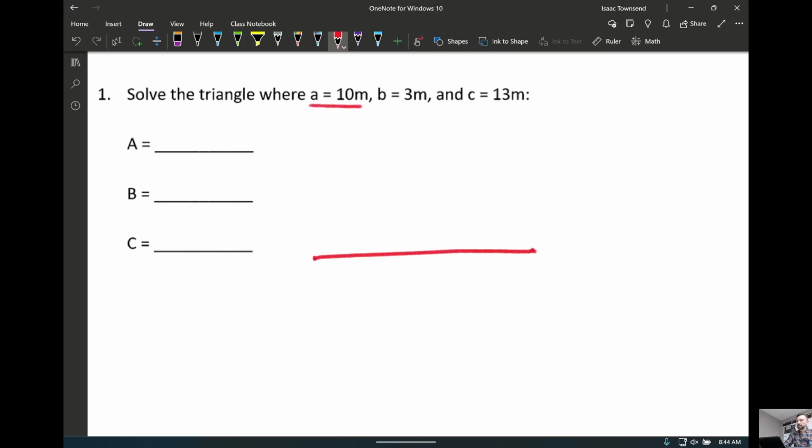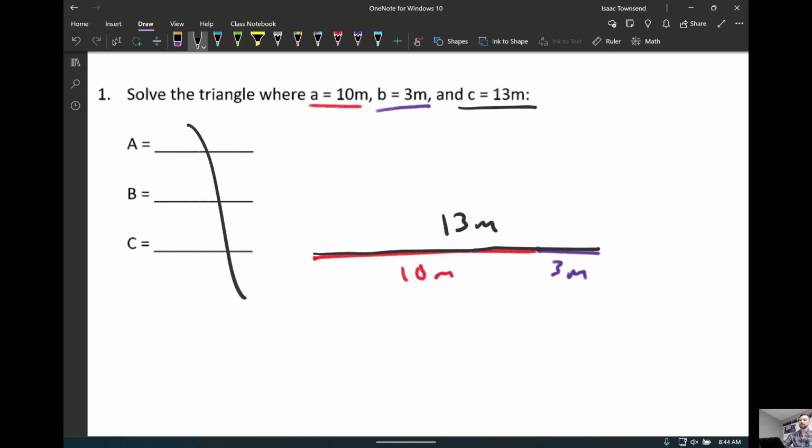If A is 10 meters and B is 3 meters, the only way for C to even connect all of these things is for them to all be flat like that. That's the only way those things are going to connect, which of course doesn't even make a triangle.